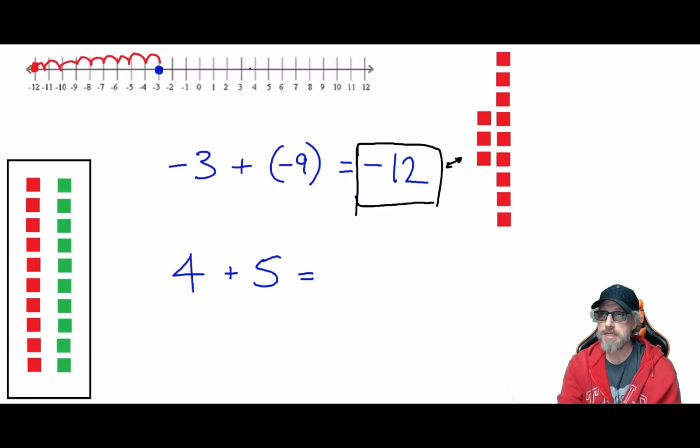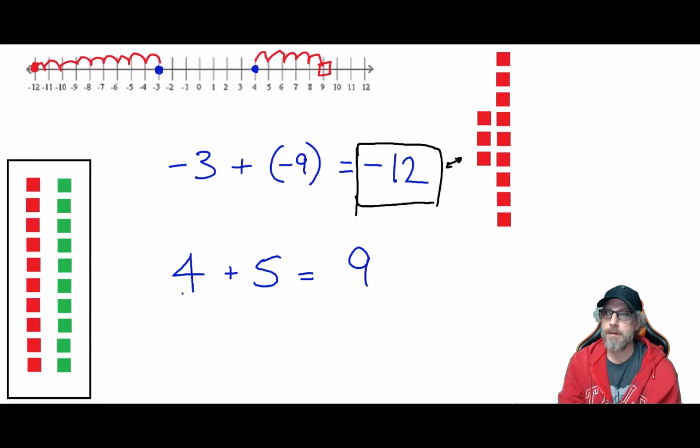On a number line, we start at +4, add 5, so we'll be going 5 units to the right to make this number increase. +1, 2, 3, 4, 5, and we land on +9. Good old-fashioned adding of positive numbers, like we used to do. Well, we still do, but now we're just bringing negatives into the picture, and every once in a while we end up with just positives that we're putting together. 4 plus 5, 9.